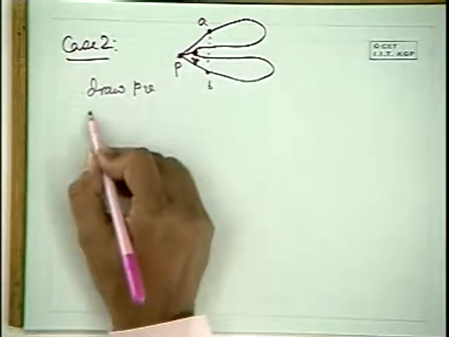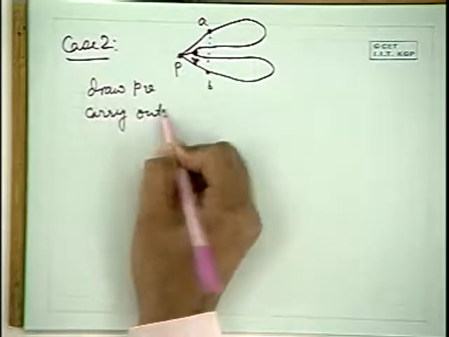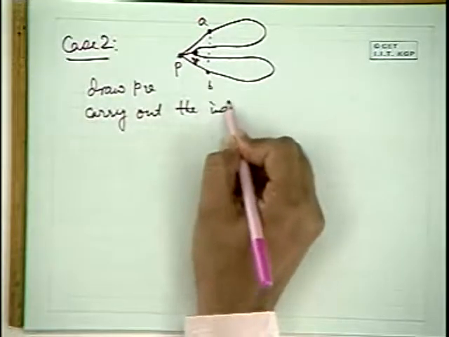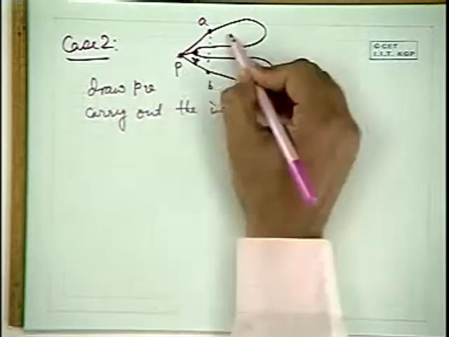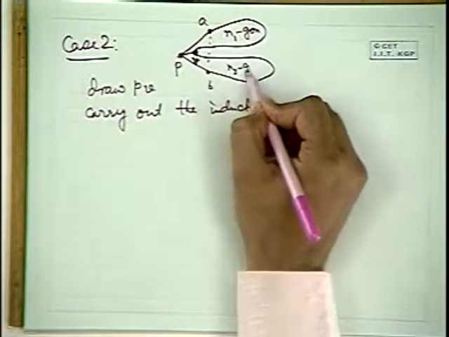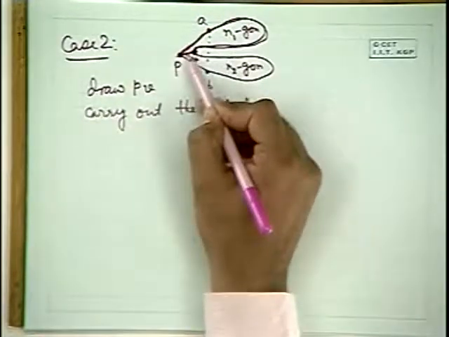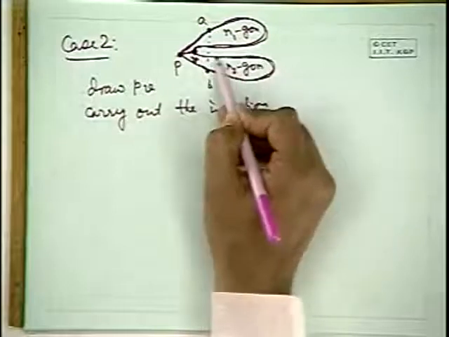and then you carry out the induction on this, say this one N1 gone, and this is say N2 gone. You have two polygons now. One part is here, there is another part here.